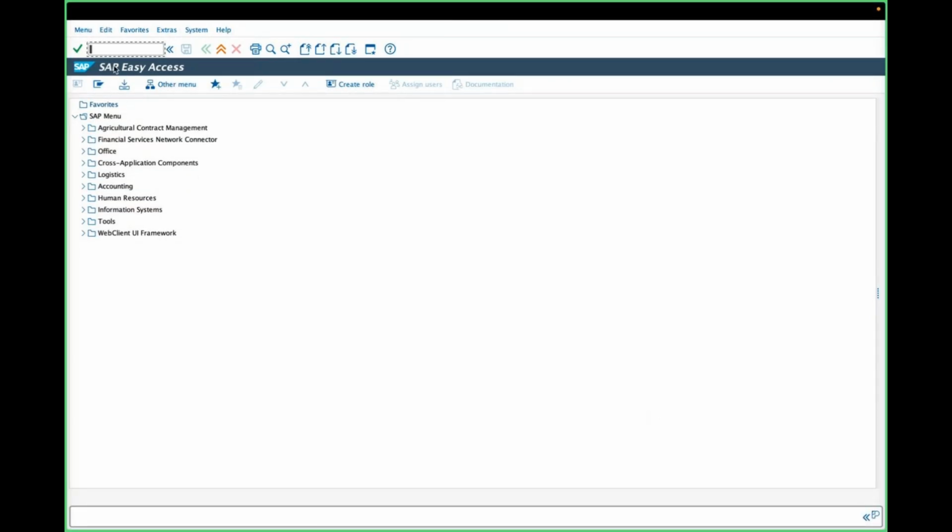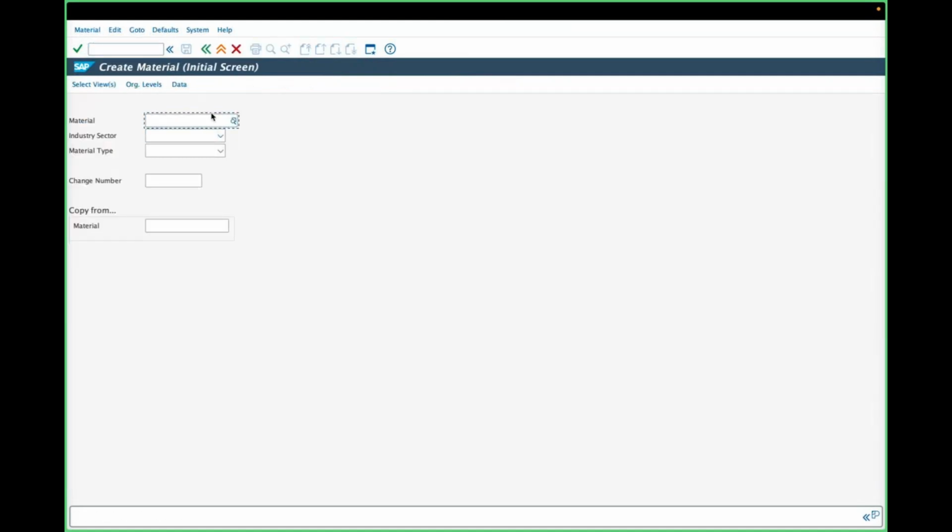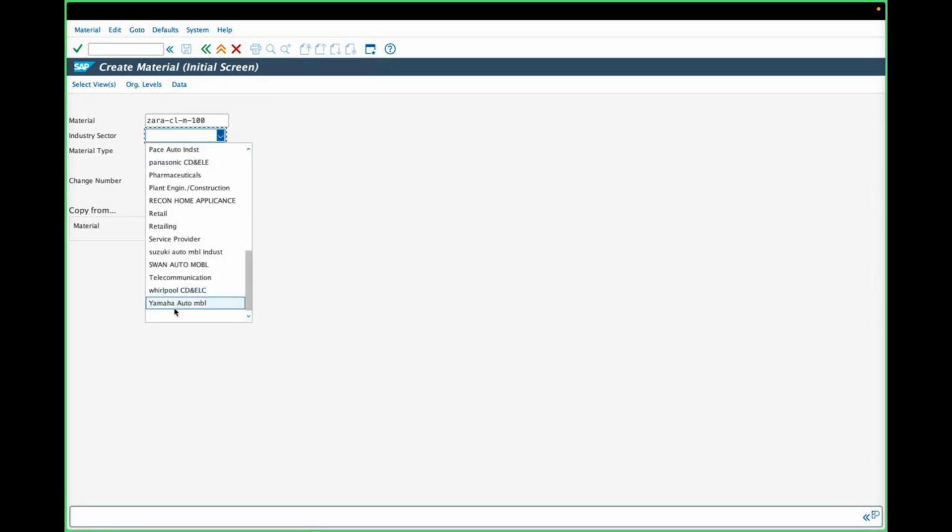That's the reason I broke the session, explaining how to get into the material creation window. So Zara, right? What is the company we're doing? Zara hyphen CL menswear 100 is the name, and our made industry sector Zara.